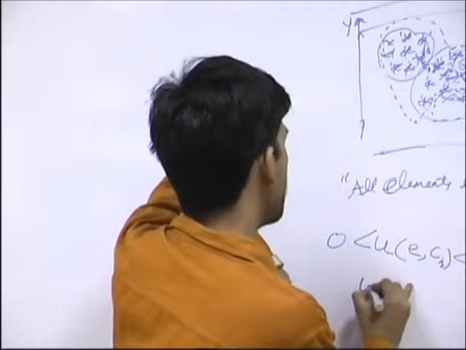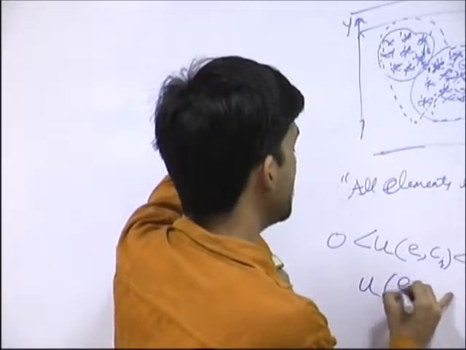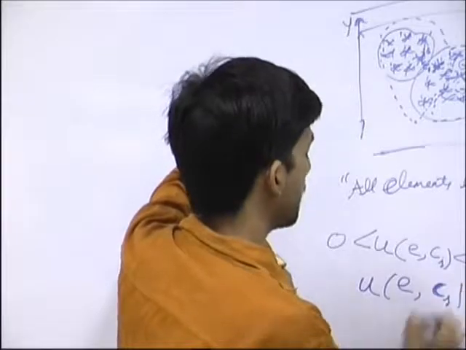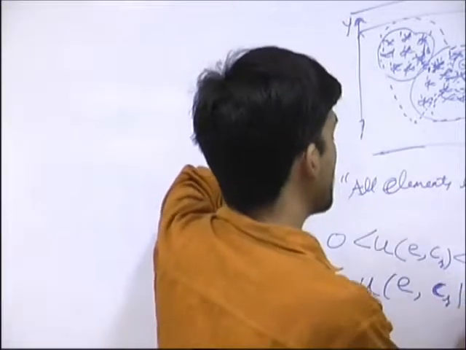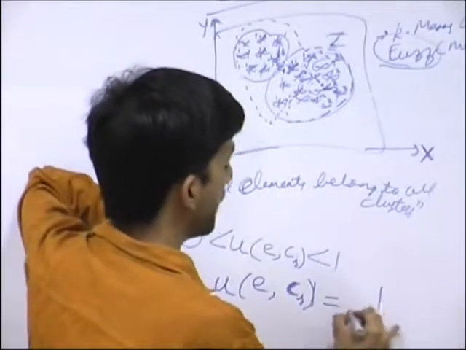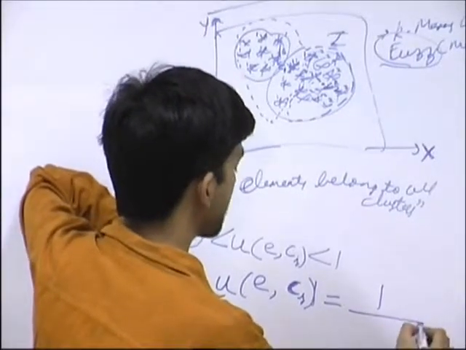Now the degree of membership of any element E to Cj is inversely proportional to its actual distance from the cluster center.